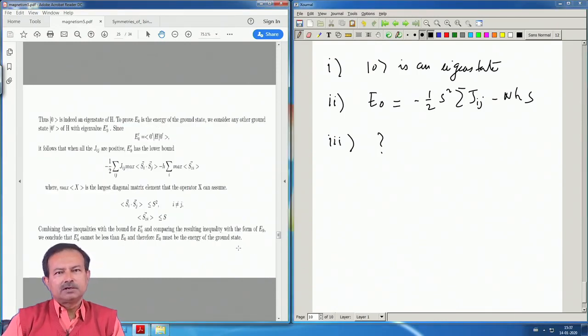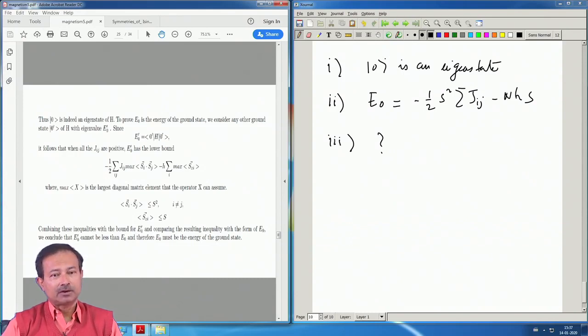To do that, one uses a small trick: one tries to write down another state. Suppose I can write down another state and I claim that its energy is lower than this energy E_0. If I can show that, then of course I will immediately disprove the assertion that the state I have chosen is the ground state, since there are states with energies below it.